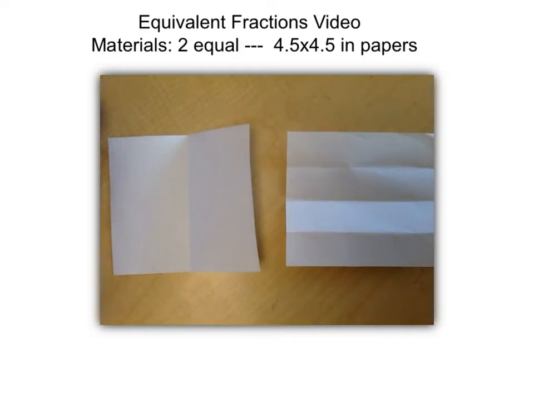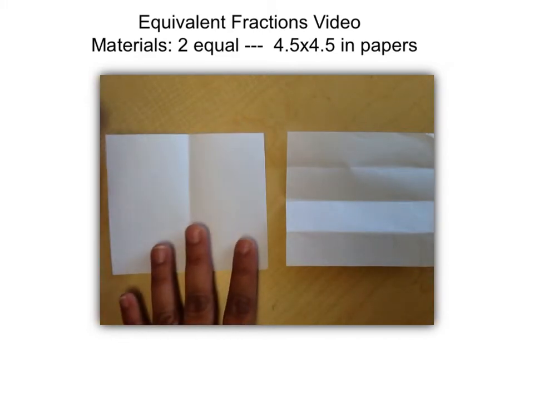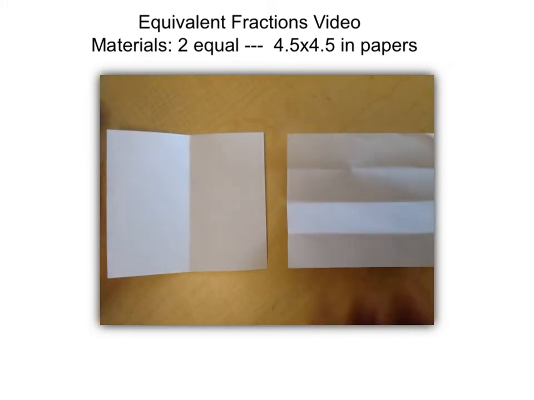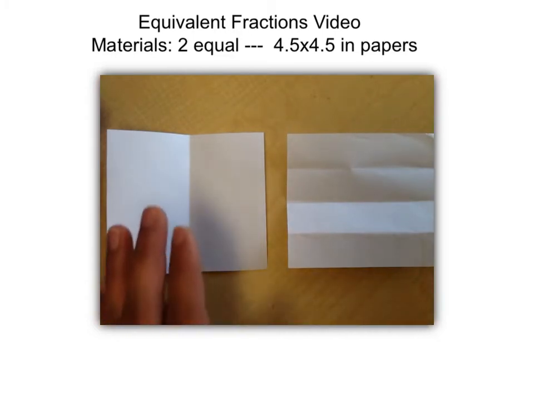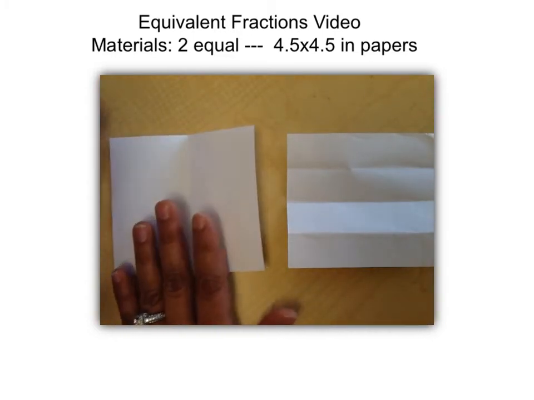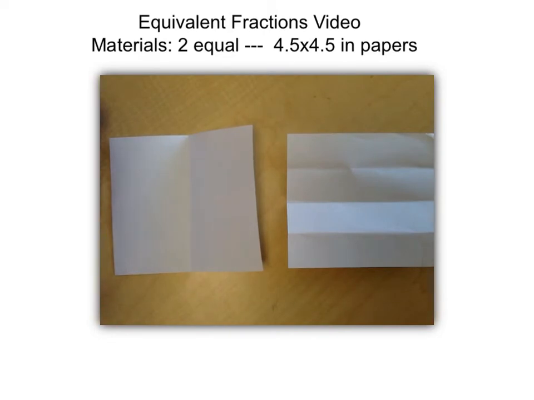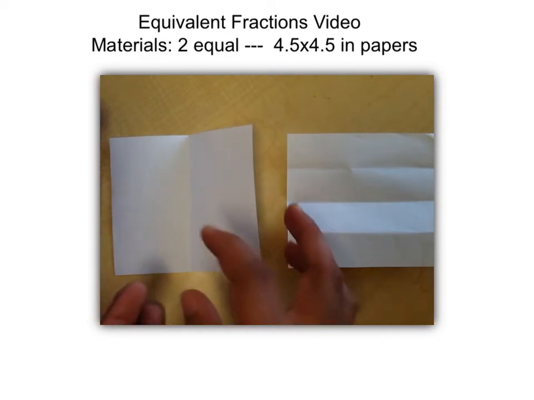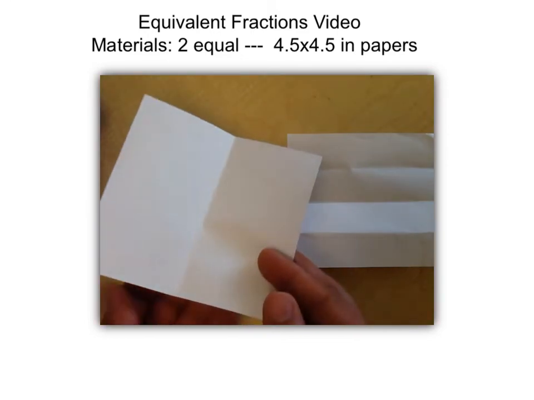We're going to now take our paper, and we can see that our half and our 1/4 need to be made into equivalent fractions. So we're going to create eighths out of both of them. Watch this one, what I do. I'm going to go ahead and I'm going to fold it from a half.